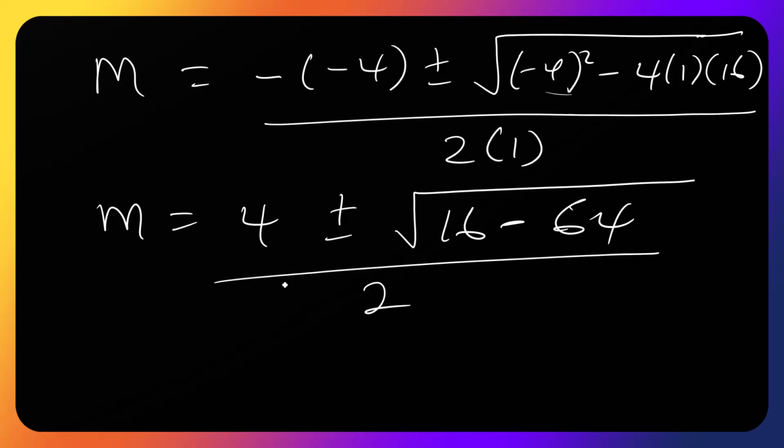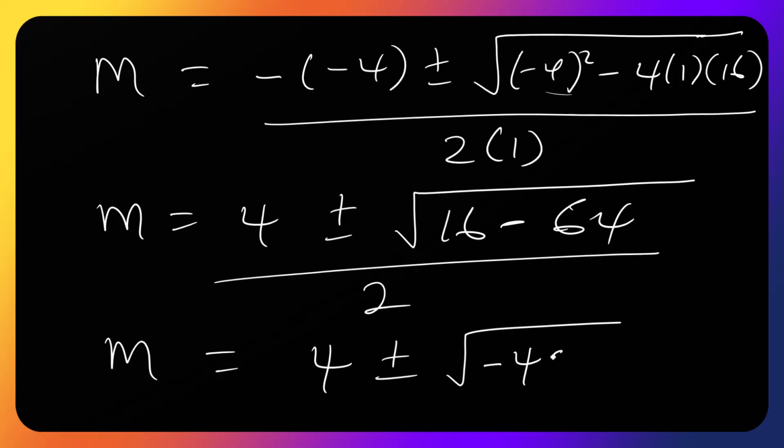From here, m is the same as 4 plus or minus, and when we subtract, we get negative 48 on 2. 48 will be 16 times 3.